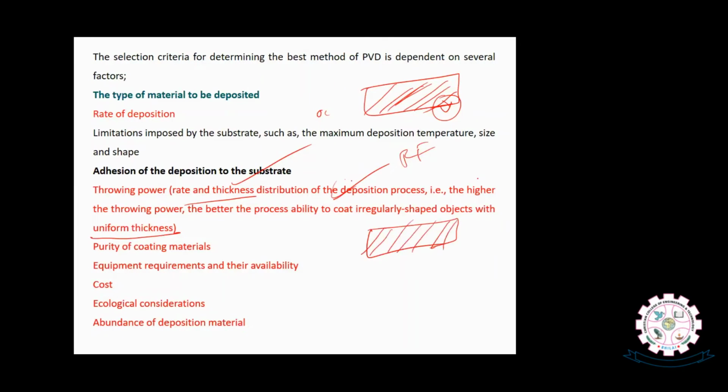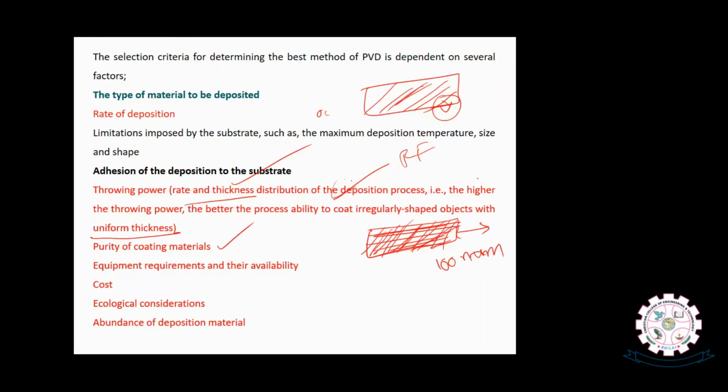Suppose I say a 100 nanometer film should be deposited uniformly. That means the film has to be deposited uniformly across the substrate. Anywhere I measure the thickness, the film thickness has to be exactly 100 nanometers. It has to be uniform thickness. Otherwise, it's not good.